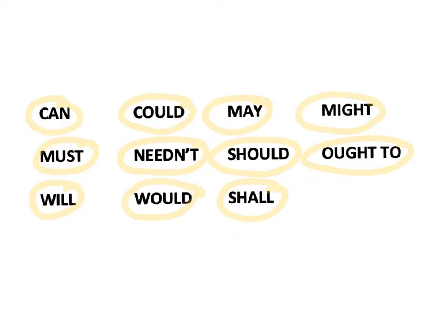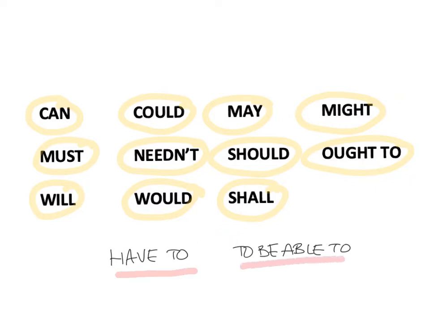When we study the modal verbs, we also see verbs like have to or to be able to. But these are not modal verbs. They are used to replace them on some occasions.